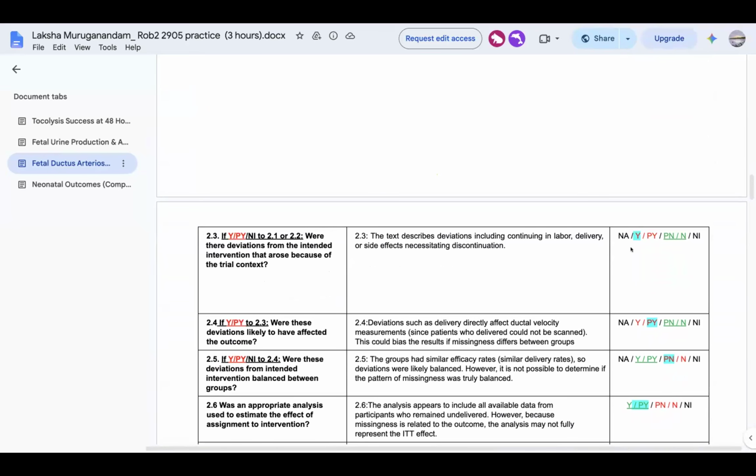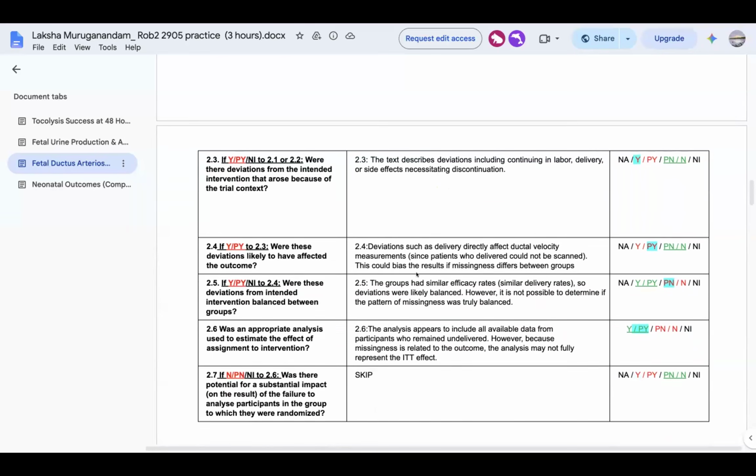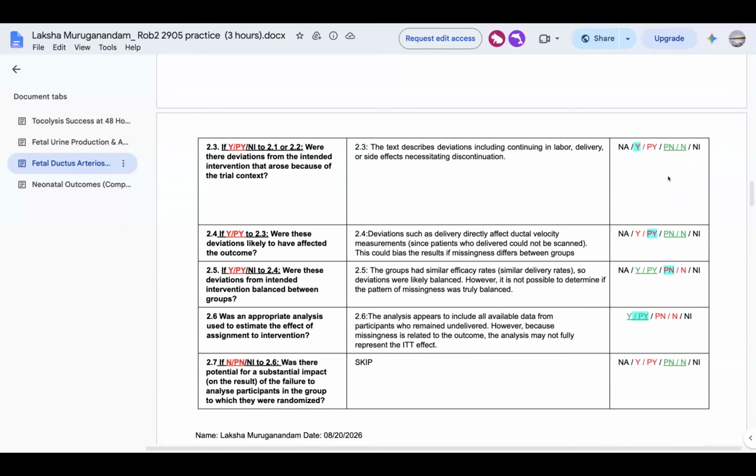And then her response was yes for 2.3. And I believe we said NI for this one as well. Yes. Okay. If we said NI for 2.3, we don't have to answer 2.4 and 2.5.